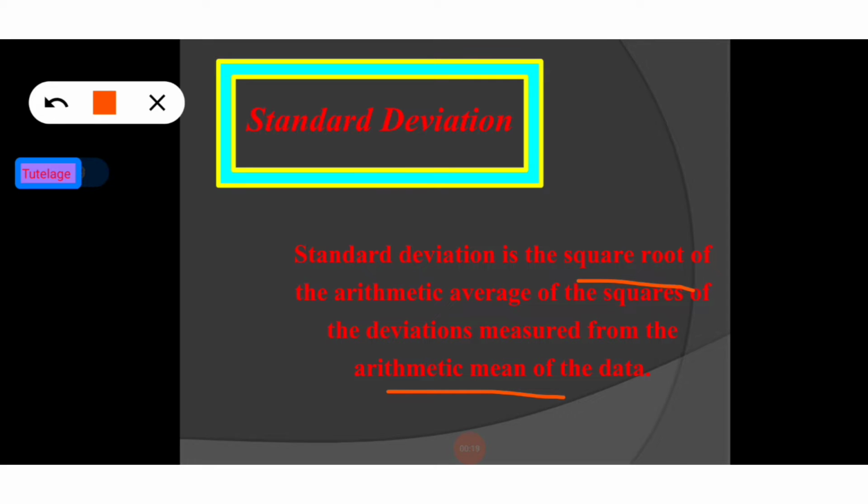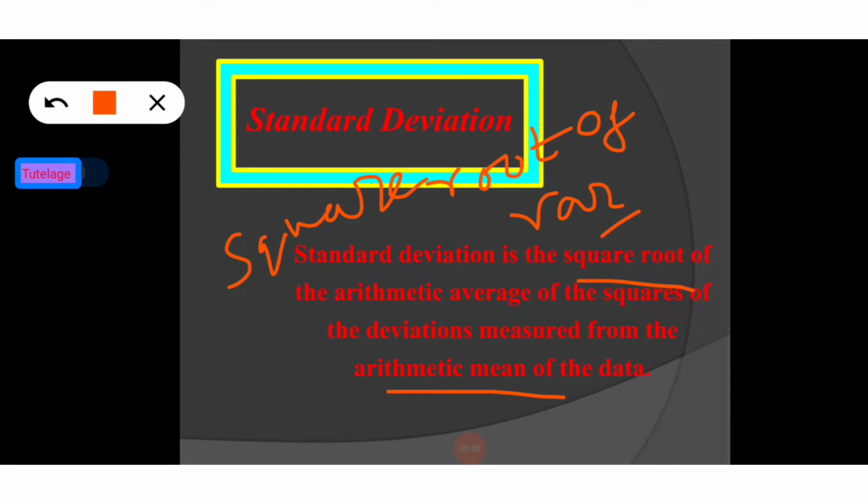Basically, the average of the squares is known as variance, and the square root of variance is the standard deviation. I think this is clear and we have already discussed it in detail.